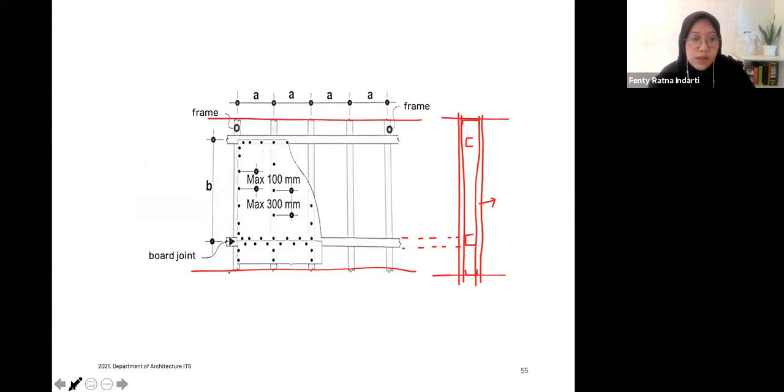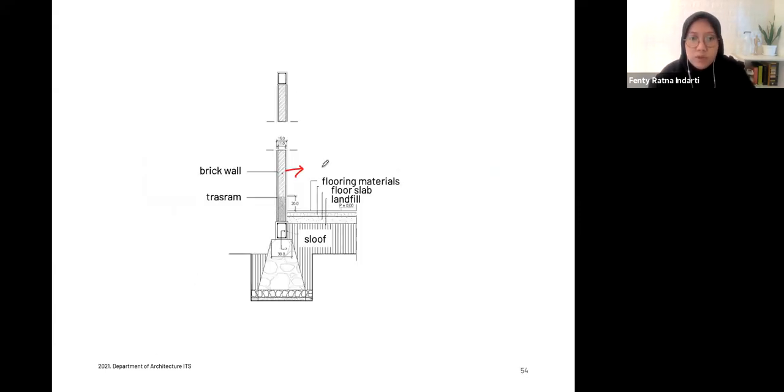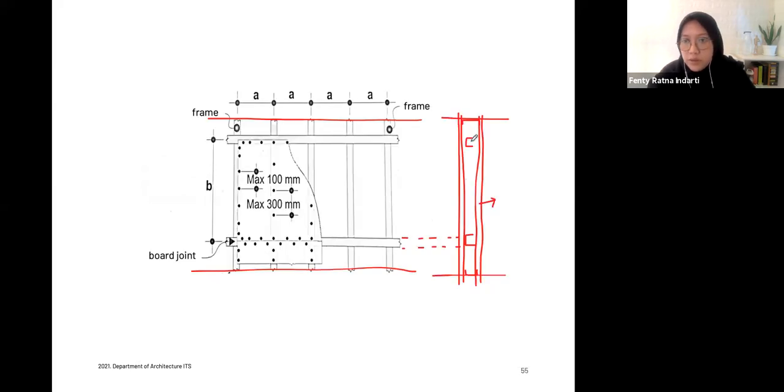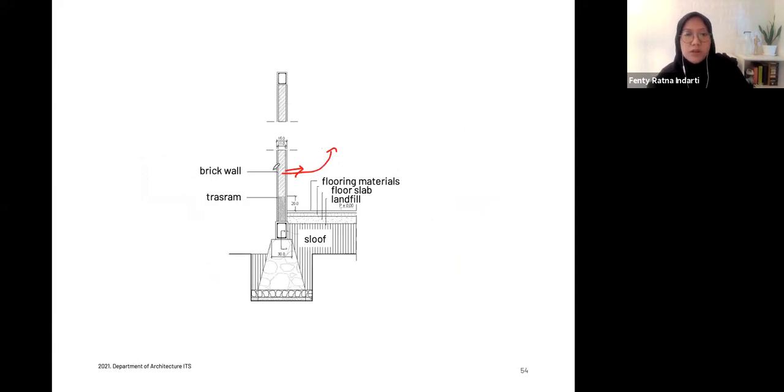It's not like this one, which has a fill, but this one must be empty, with no fill on it, but you have the stud here. It depends on how you design the stud. So that's how you draw the partitions and the walls. But if the partitions are created from the same material like brick, then you can draw the same type of image like this.